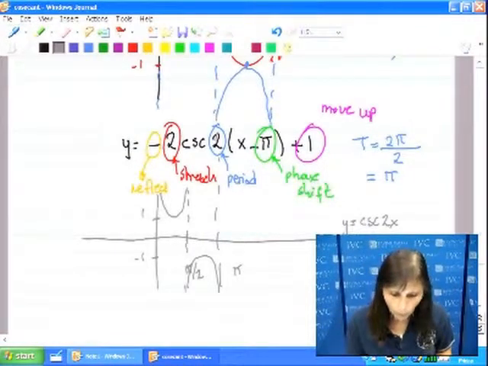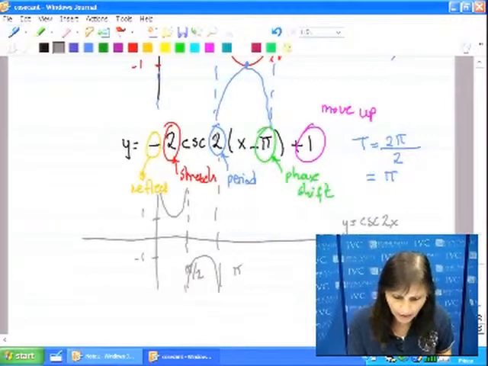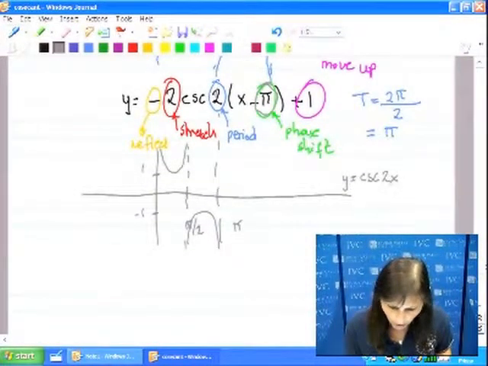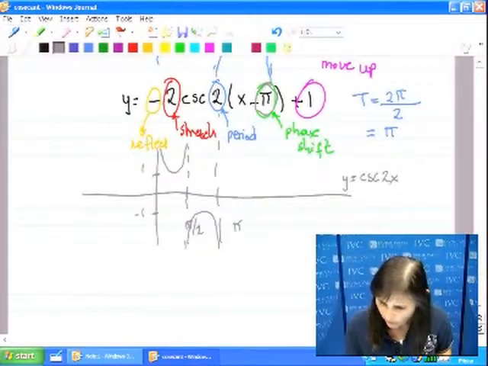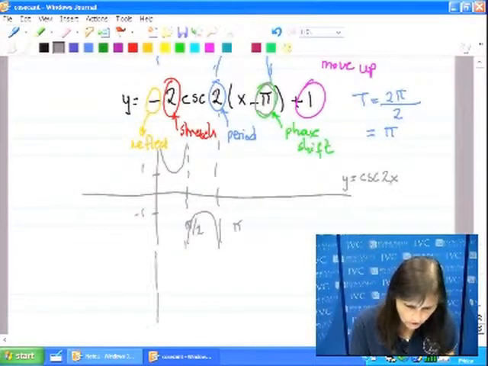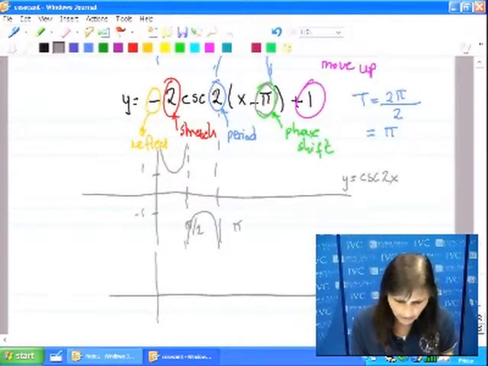Now, what will this do? So kind of think about it. What will this do? Phase shift. y equals cosecant 2x minus pi. What it will do is shift this whole thing to the right.